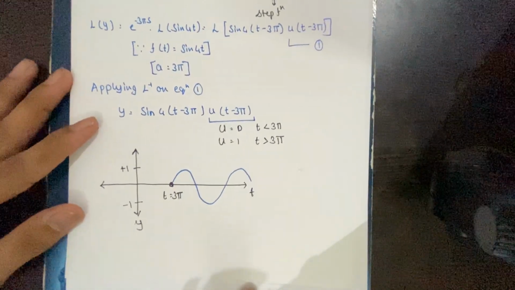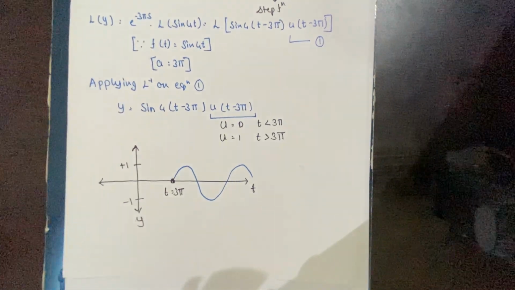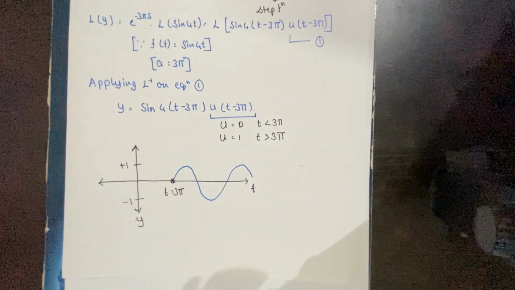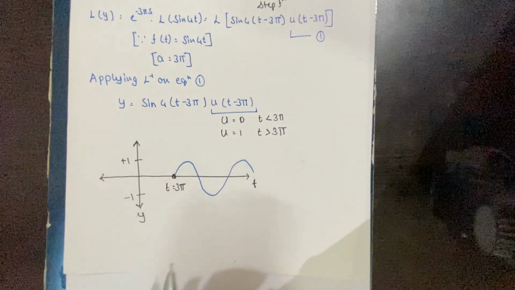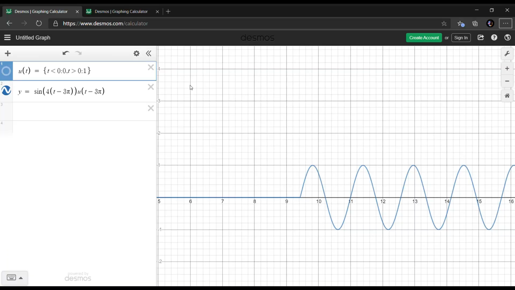Both graphs match quite perfectly, and just to confirm my theory, we'll simply plot it on the computer. Okay, so we have our graph y is equal to sine 4 times t minus 3 pi and u t minus 3 pi, and the function here is: if t is less than 0, the value is 0; if it is greater than 0, it's 1.